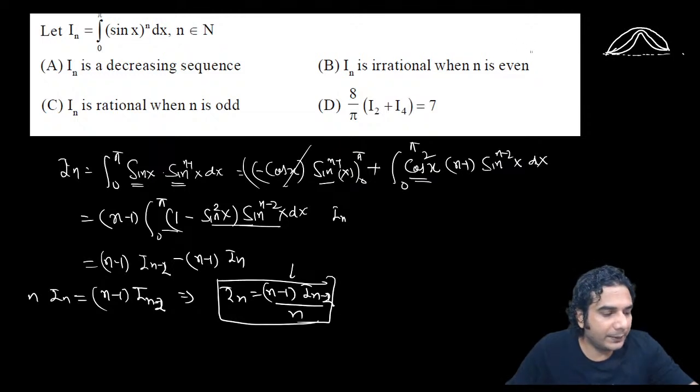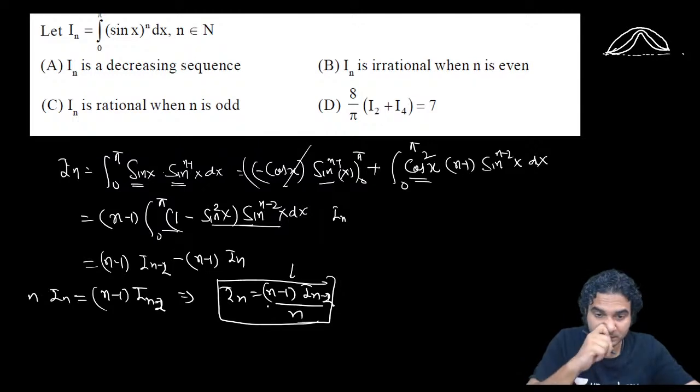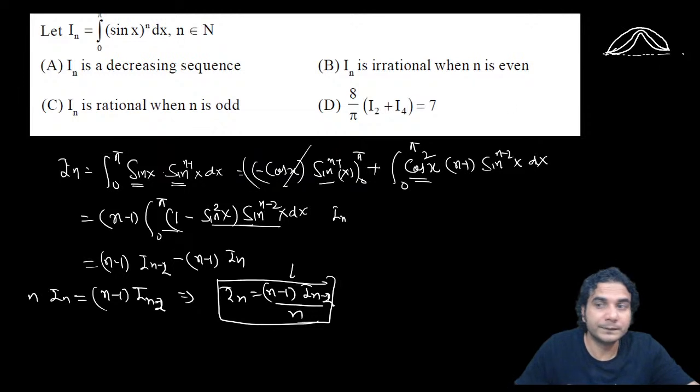So you can find I_(n minus 2) as well, right? Okay, so this A is the correct option. I_n is a decreasing sequence, right?